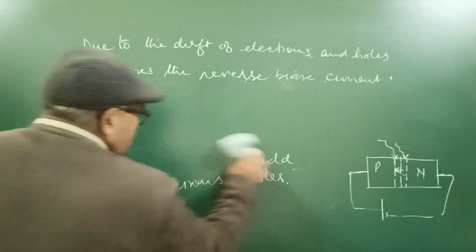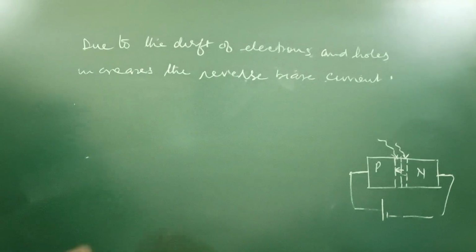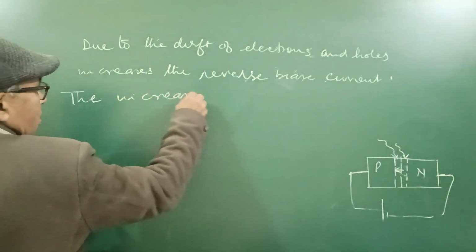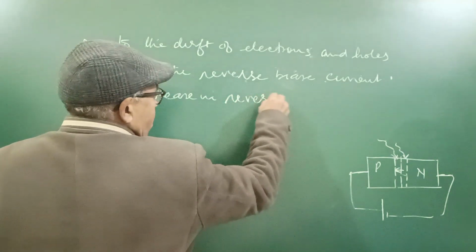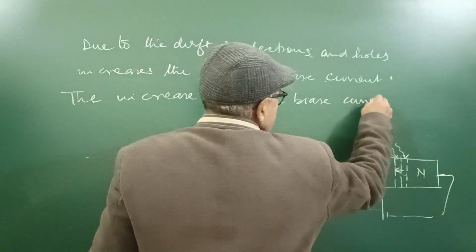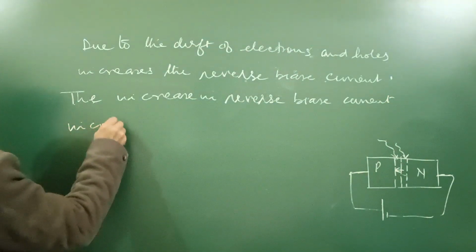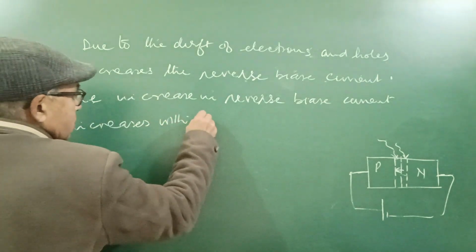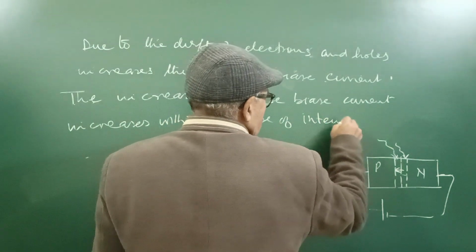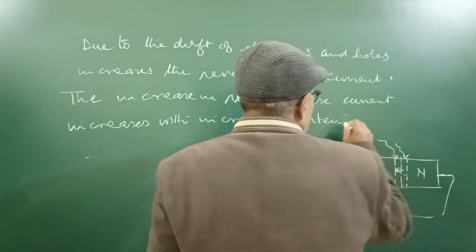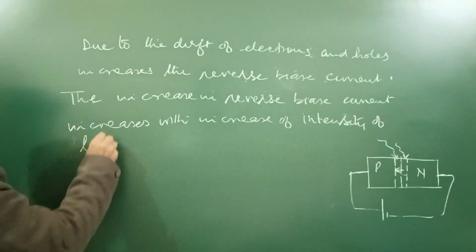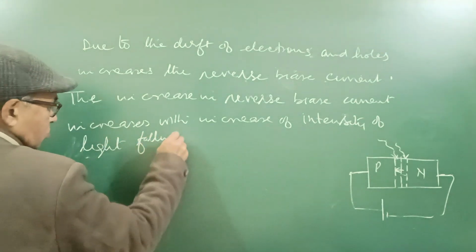The increase in reverse bias current increases with the increase of intensity of light falling on the junction.